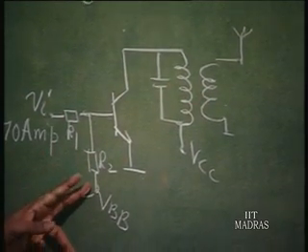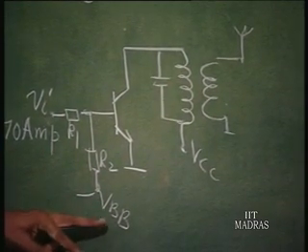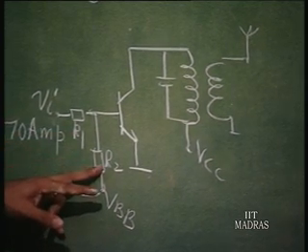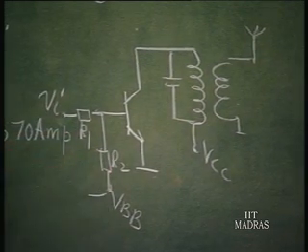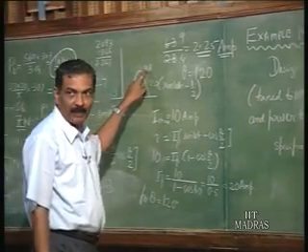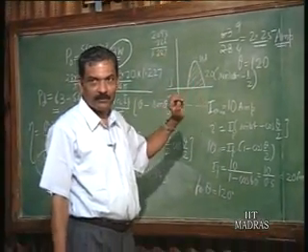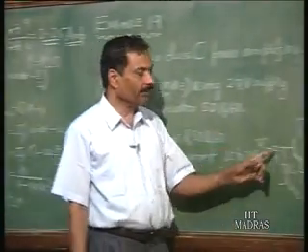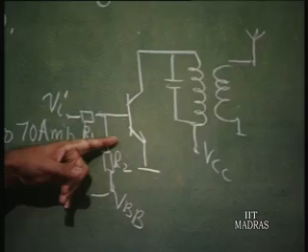The input stage, please remember, you have to now design this value of VBB and this value of VI, R1, R2 in such a manner that this kind of current waveform is coming. 10 amperes divided by beta, let us take a typical value of beta, that shall be the peak current of the current waveform that is occurring in the base.